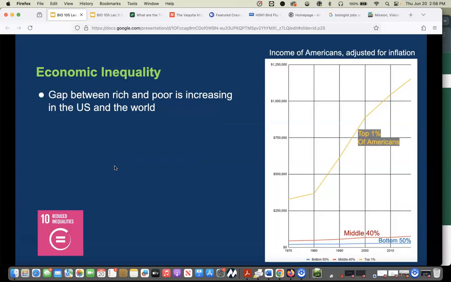Now, when we talk about economic inequality, this is what we consider the gap between the rich and the poor. And you may say, well, why is economic inequality really an important thing for sustainability and looking at natural capital? How could that be harmful to natural capital?